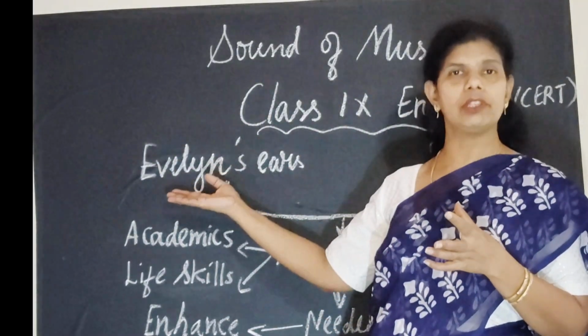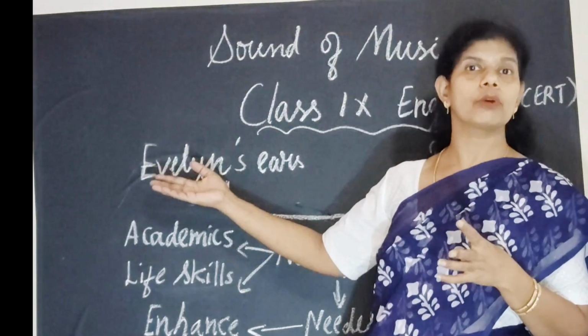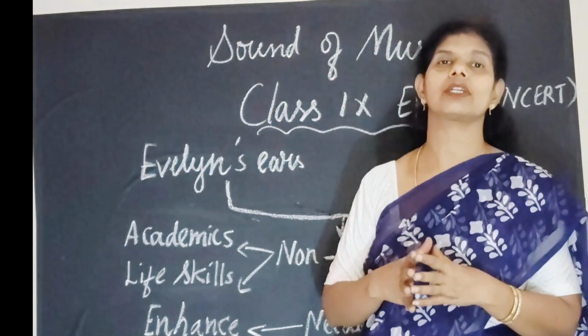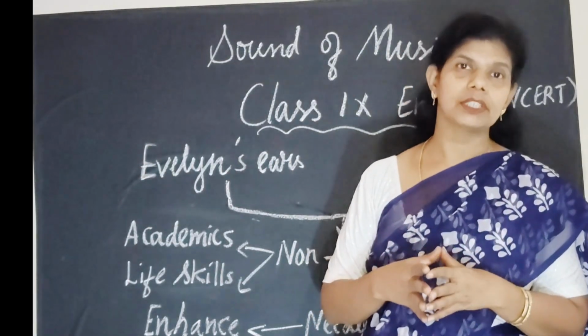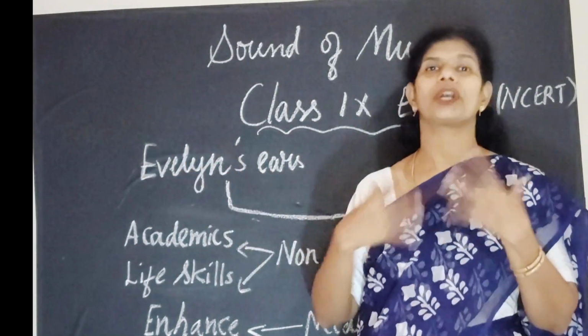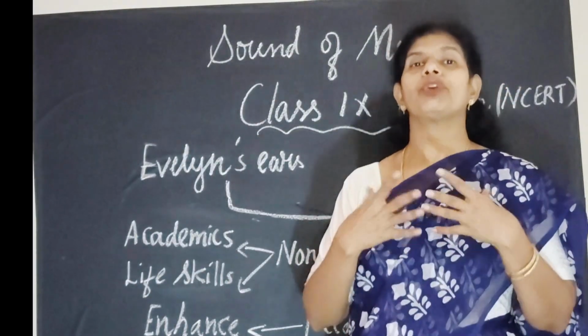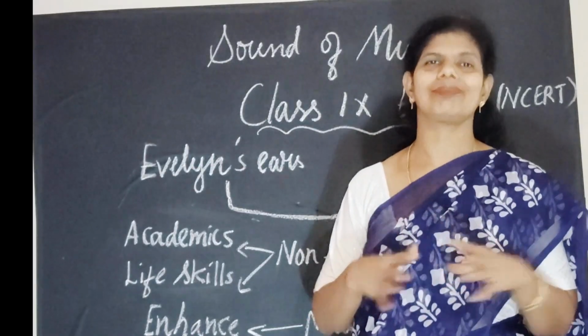One is Evelyn's ears, we can say. Now I am pronouncing her as Evelyn. Maybe some of your teachers might be pronouncing it differently. I don't think any of these are wrong, because from what I know, proper nouns can be pronounced differently.